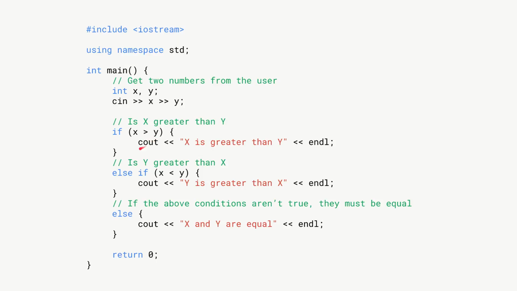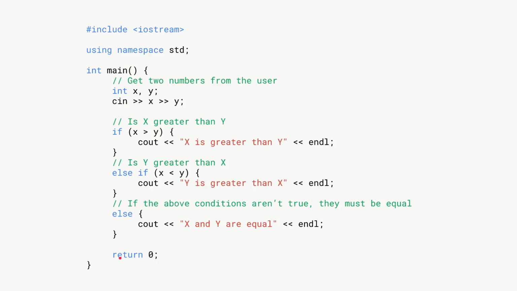If it is, we execute the code inside of the if block, and then we jump straight to the end where we return 0. If x is not greater than y, we move on to the else if block, and check if x is smaller than y. If it is, we execute the code inside the else if block, and it outputs y is greater than x. And then it jumps to the end.